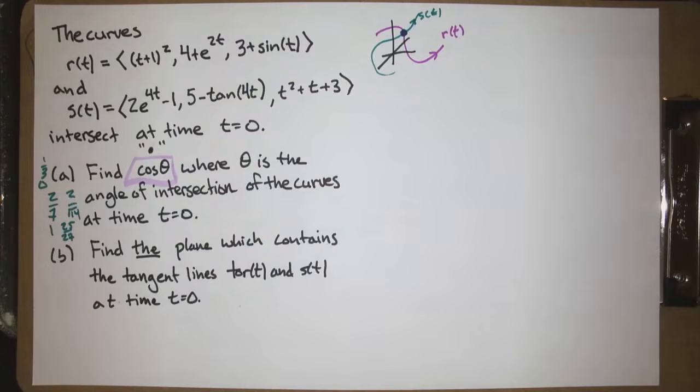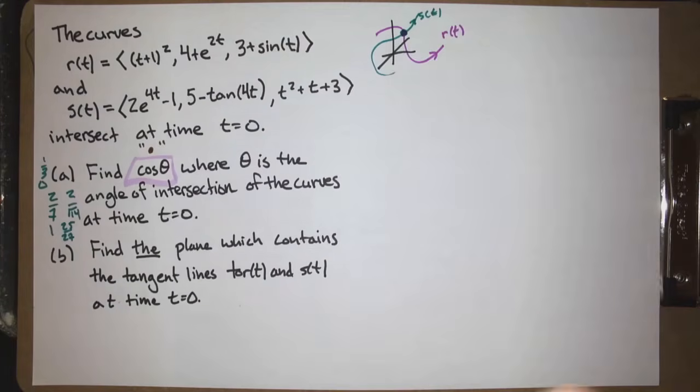Which means we want to take the dot product of vectors. What vectors should we be thinking of taking the dot product of? R prime and S prime. Because what are R prime and S prime? They're the directions on the tangents, right?